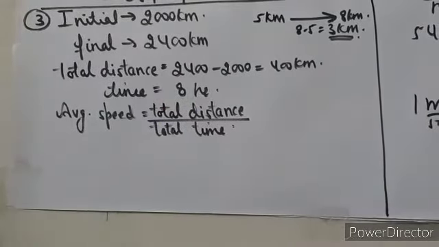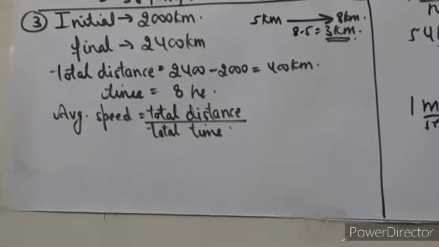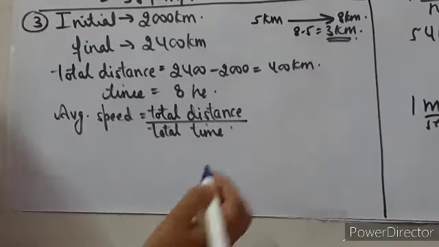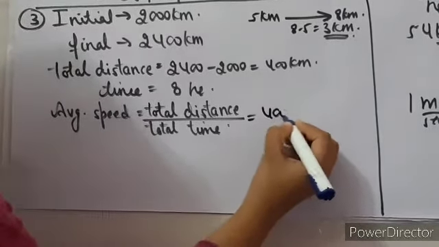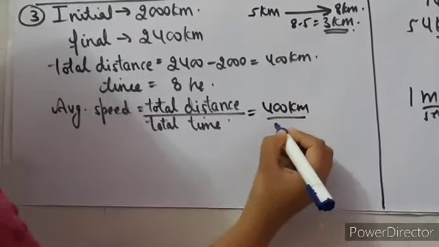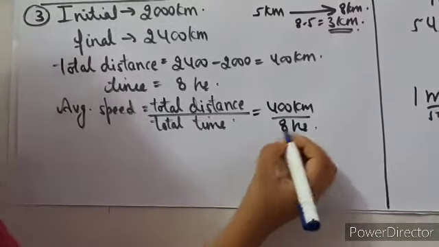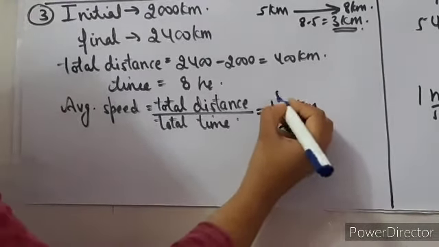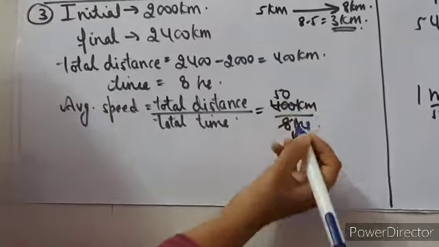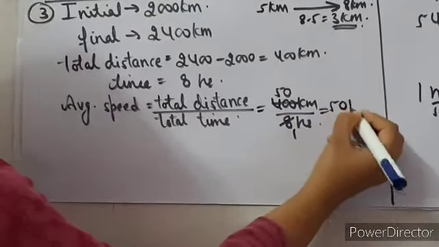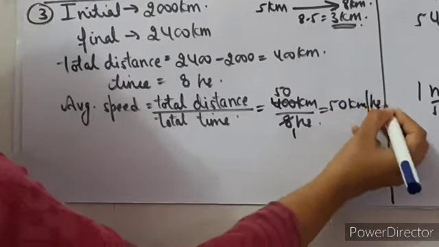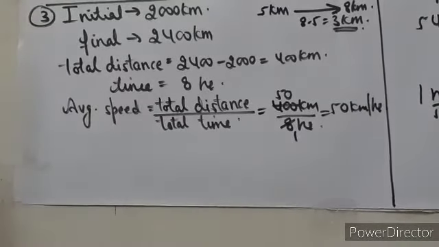Now we have to find out average speed, that is total distance over total time. So what is the total distance here? 400 km and the total time is 8 hours. So 8 ones are 8, 8 fives are 40, 8 fifties are 400. Therefore 50 km per hour is your average speed.